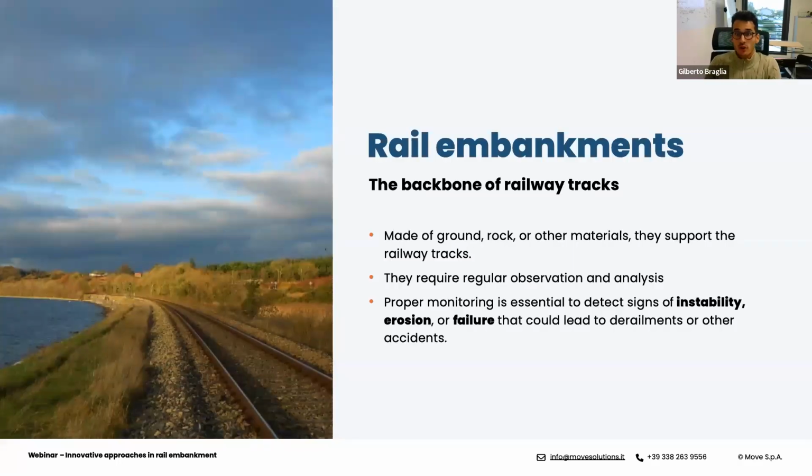Today, we're going to focus on embankments. So what's an embankment? It is basically the backbone of a railway track. It is usually made of ground, rock, and other materials, and it holds the railway itself. So it's something that really needs to be checked, monitored, and taken care of, because it holds the railway, which holds the train itself.